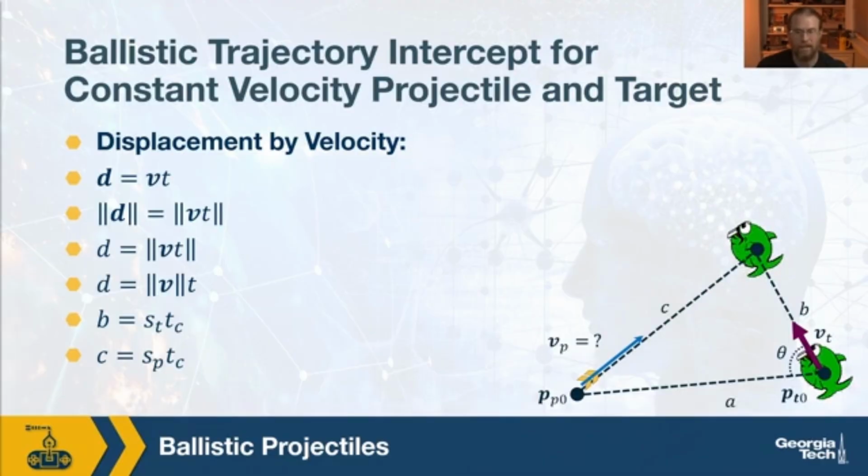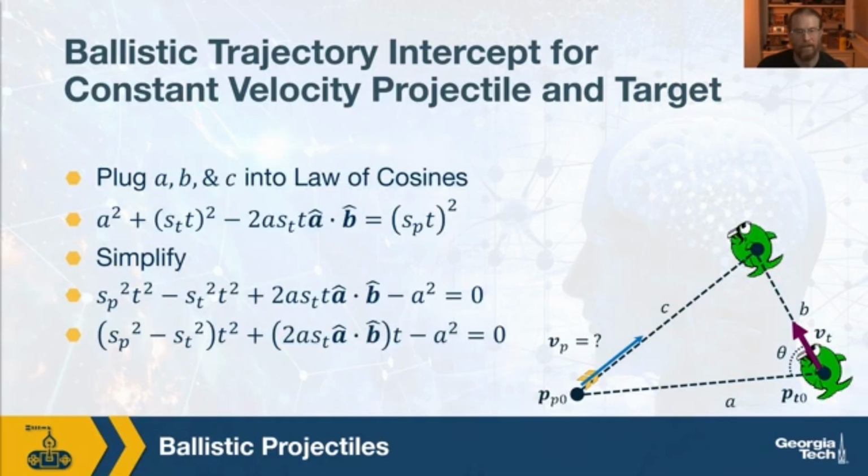So we're setting up a system of equations, basically. It's going to let us solve for this T that we don't know yet. Similarly with C, we know the speed of the projectile times the time it takes till collision, and that's going to be that length. So now we've got the whole triangle, all the terms needed we have now determined. We plug our A, B, and C into the law of cosines.